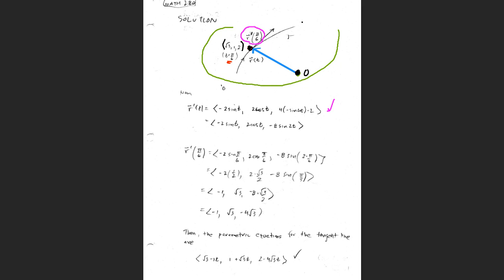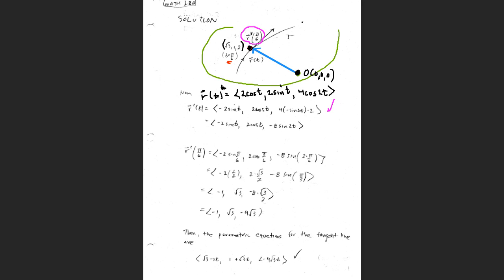Remember what r of t was; I'll write it down here just so we have it. r of t was 2 cosine of t, 2 sine of t, and 4 cosine of 2t.